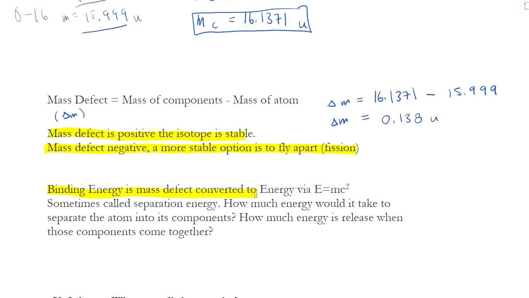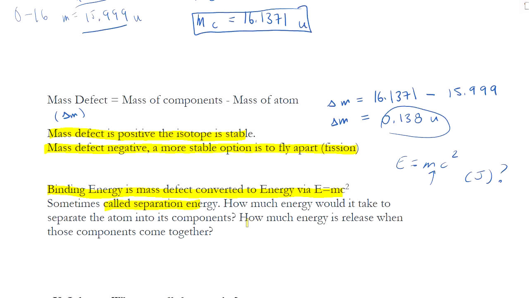It's just the mass defect converted to energy via E equals mc squared. So you could plug this into E equals mc squared, but what would your energy be in? Would it be in joules? We'll come back to that one. Sometimes called separation energy, binding energy: how much energy would it take to separate the atom into its components?